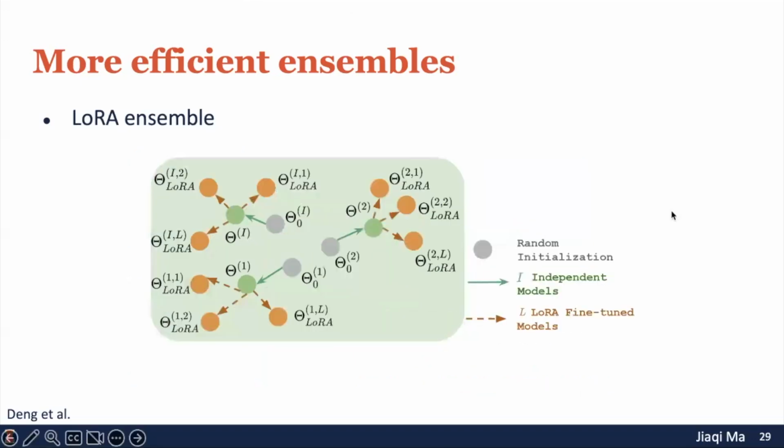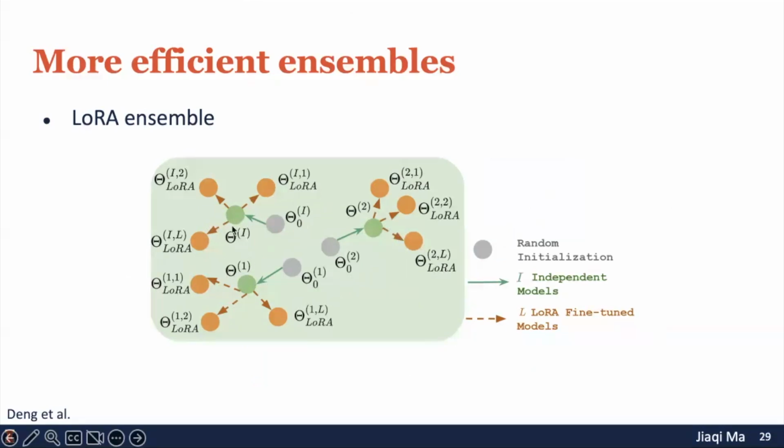Another method is on large generative models. We can use efficient fine-tuning to replace fully retrained models. For example, here again, the green points are a handful of independent trained models.